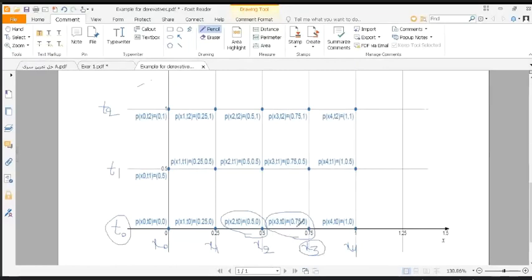The coordinate for this point is 0.5 for x and 0 for t, so P(x2, t0) equals (0.5, 0). The next point is x3 with t0, and the coordinate is 0.75 for x and 0 for t. For the next point, we have x4 and t0, and the coordinate is 1 for x and 0 for t, so P(x4, t0) equals (1, 0).